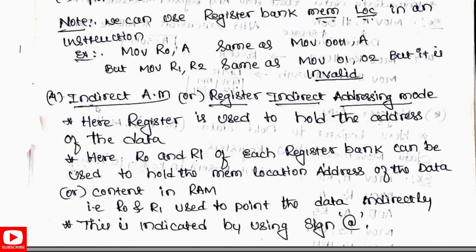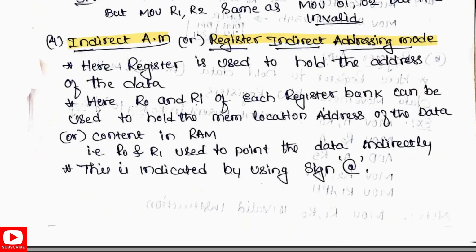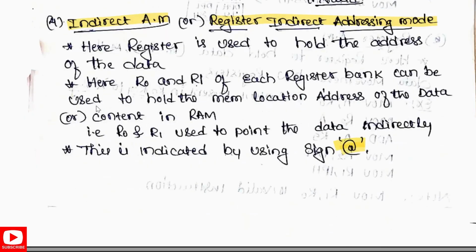Next, indirect addressing mode, or you can say register indirect addressing mode. Here, a register is used to hold the address of the data. R0 and R1 of each register bank can be used to hold the memory location address of the data or content in the RAM. That is, R0 and R1 are used to point to the data indirectly. For the indirect addressing mode, we use the symbol @ to indicate the address.